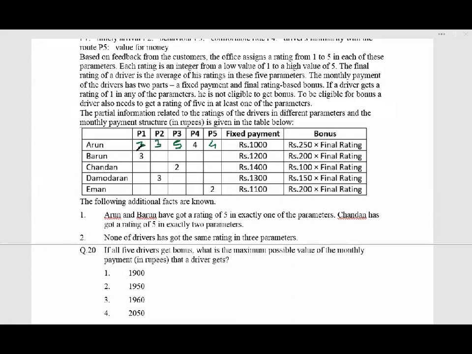No 2, no 1. So what is the total? 8, 14, 19. That means 3.8. 250 into 3.8, 250 times 4 is 1000, so it will be 950. 950 plus 1000, 1950. 1950, one of the options.